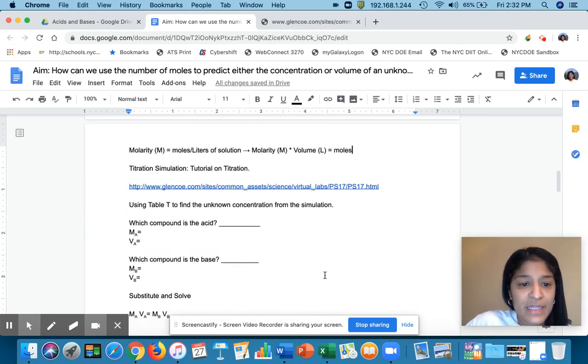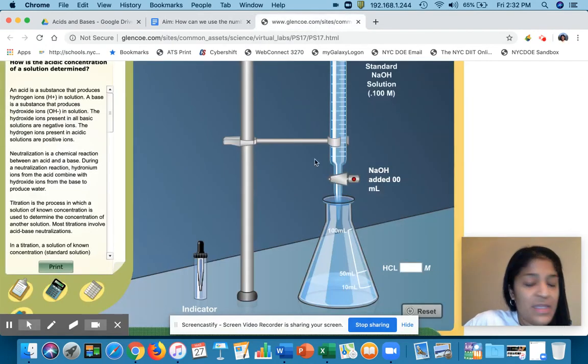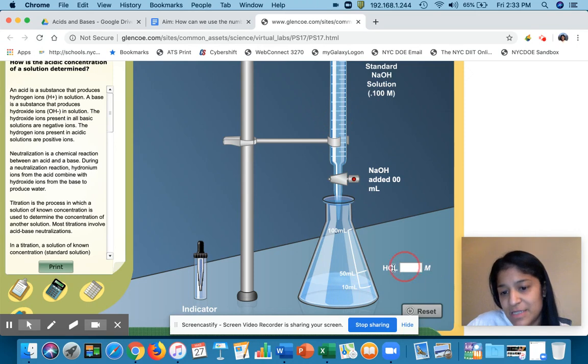If we continue here, I give you a simulation. If you click that, you'll get this simulation. This simulation is basically a titration. Inside of here we have an acid, which is HCl, by the way. Inside of here, the burette, we have the base, which is NaOH.